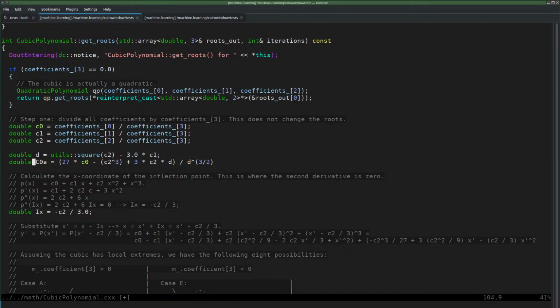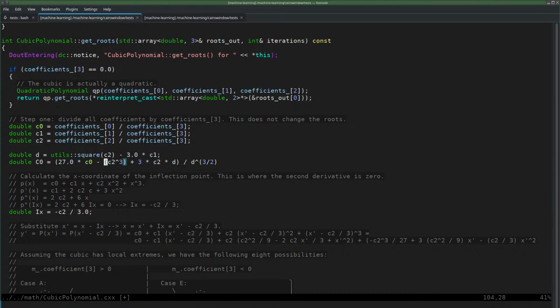Shall I call this capital C0, will do. Is 27, we work with doubles, times this C0, already removed divided by C3, minus, again, the square of C, oh, sorry, that's even to the power 3.